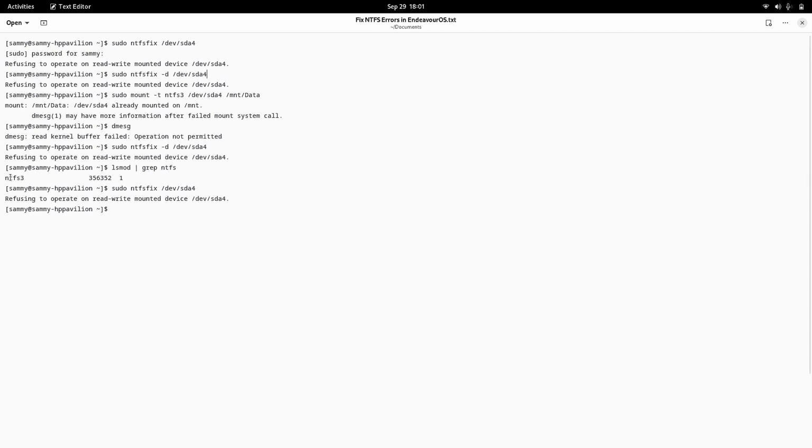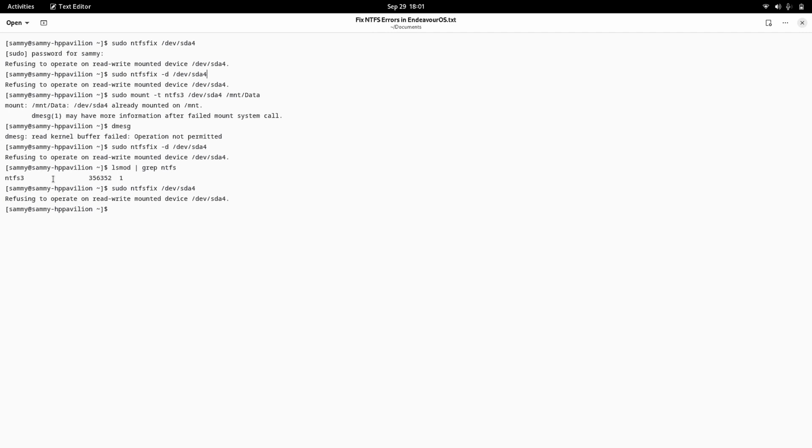It will return the NTFS driver, so the NTFS 3G driver is there. This means there is no issue with the driver, the issue is only from the buffer.